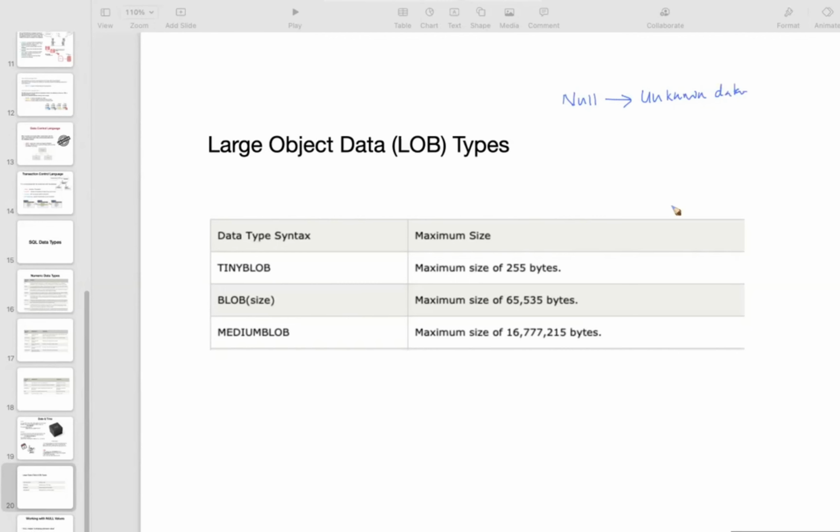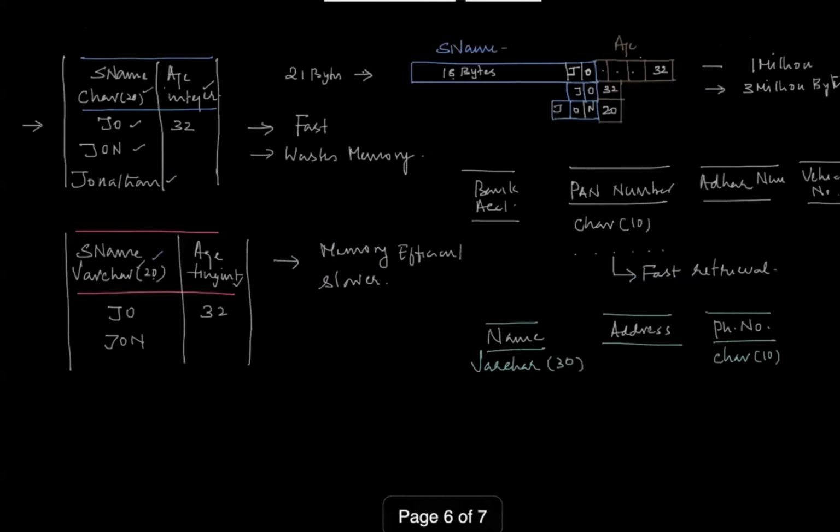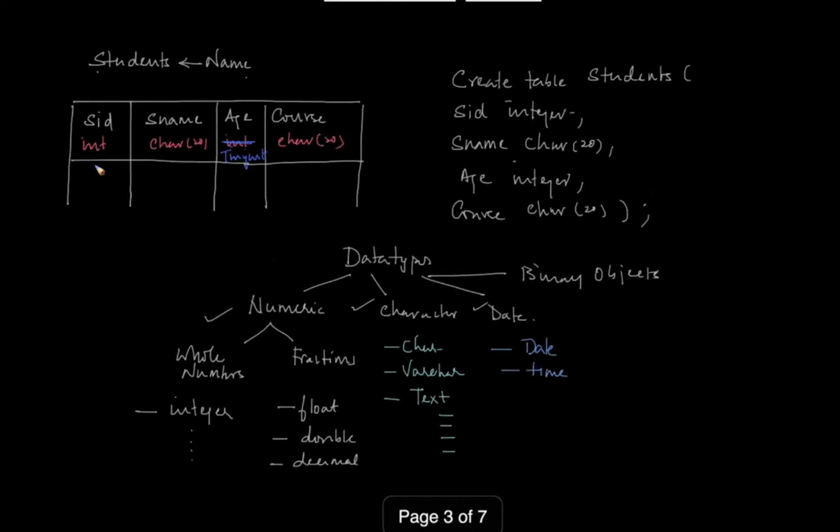Whenever you are inserting records, you may not have details about all the columns in the table. If you create the students table, maybe you know the student ID and the name of the student, but let's say you don't know the age. In that case, you will put null into this. Let's say they are learning MySQL. There could be a second student, Mary. She is 25 years old, but you don't know what course they are taking.